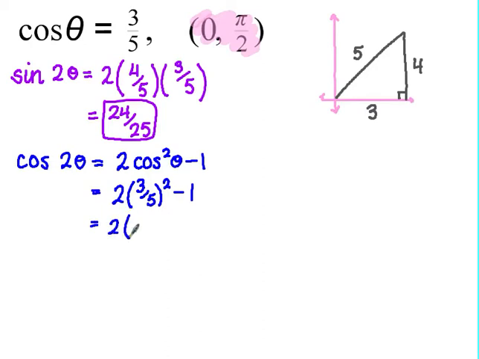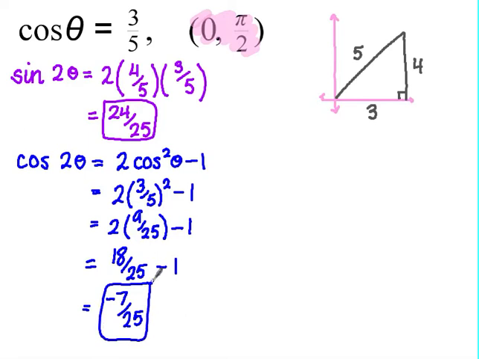So what is 3/5 squared? 9/25. So 2 times 9/25 is 18 over 25. Subtract 1. So what do you get? Negative 7/25. Yes, you can get a negative.